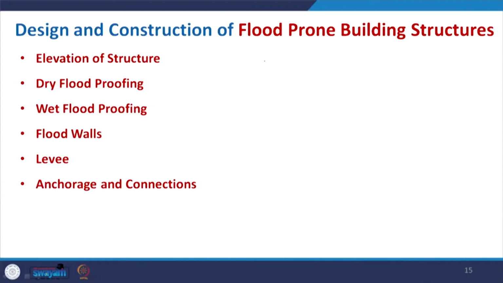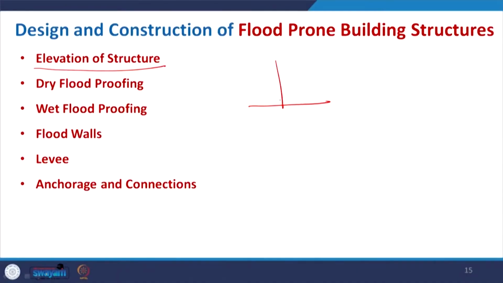And whatever we have discussed there, in this, like the design and construction of flood prone building structure, we can work on the elevation of the structure. So this elevation is different from the elevation that is normally used in architectural design, the front view or something.